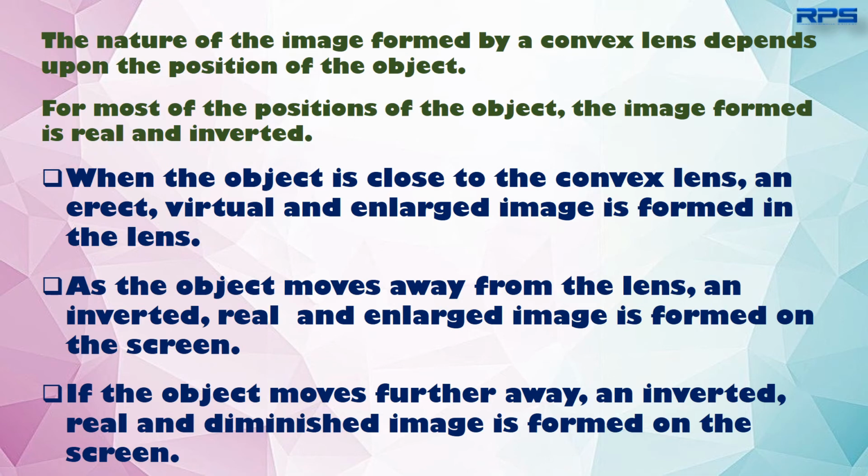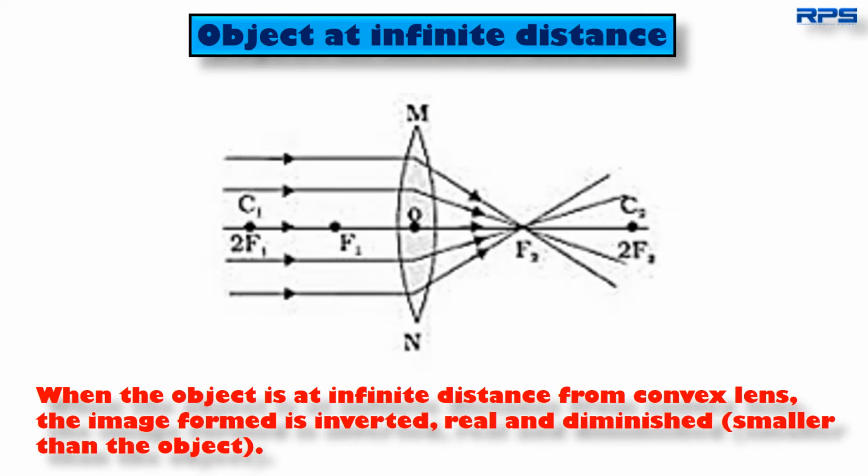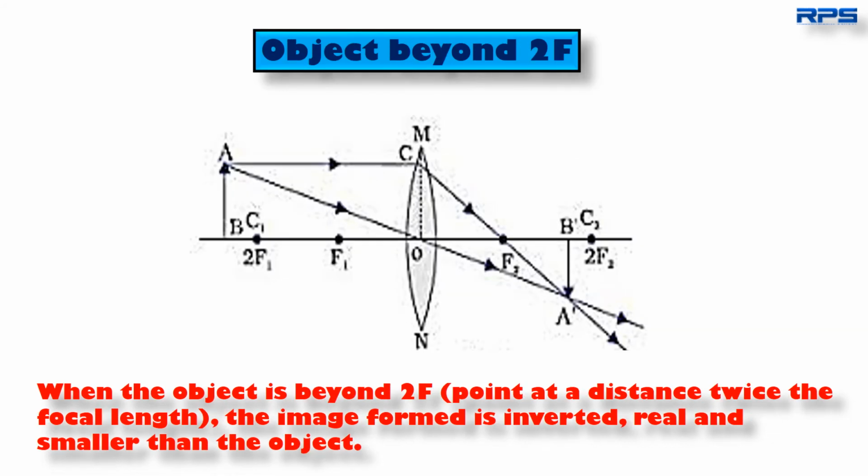Let us study each case in detail. When the object is present at infinite distance. When the object is at an infinite distance from the convex lens, the image formed is inverted, real and diminished, that is smaller than the object. Object beyond 2f.